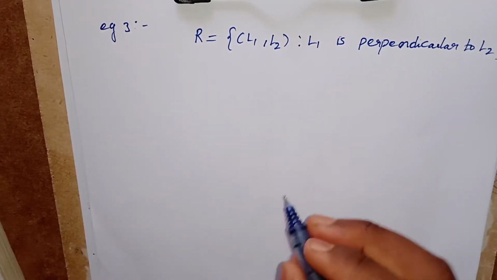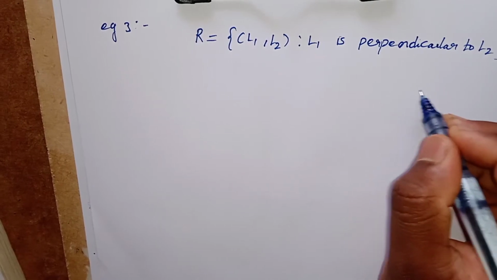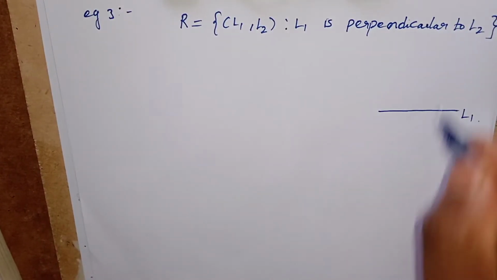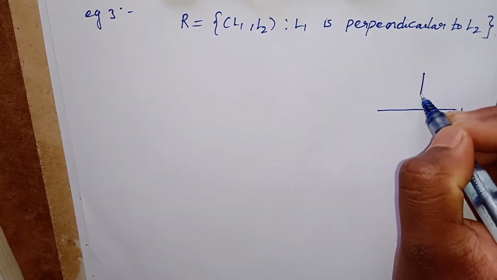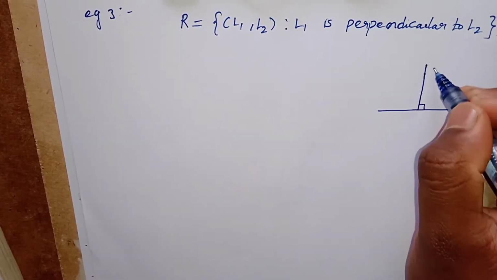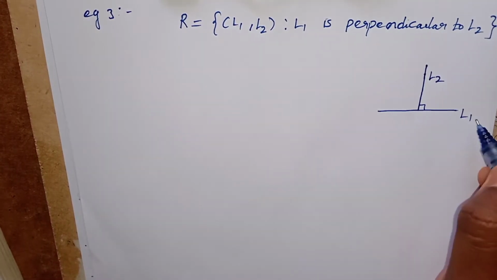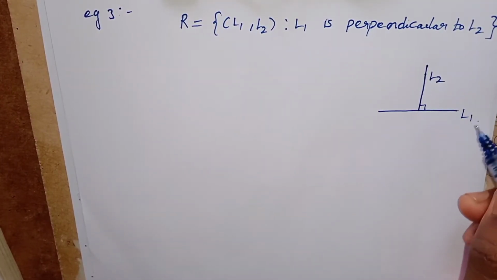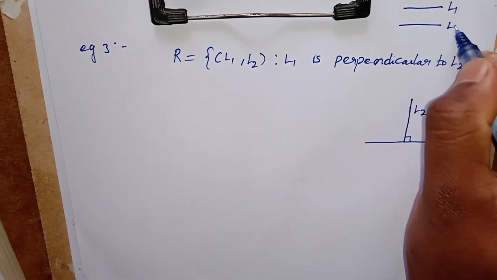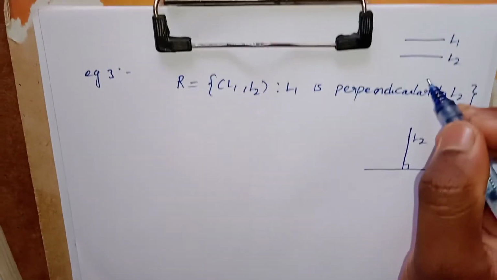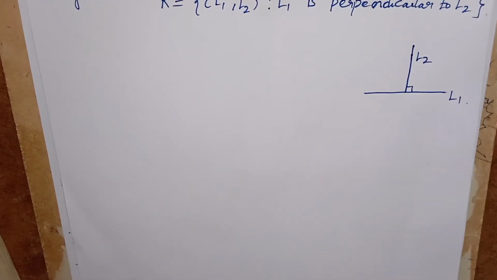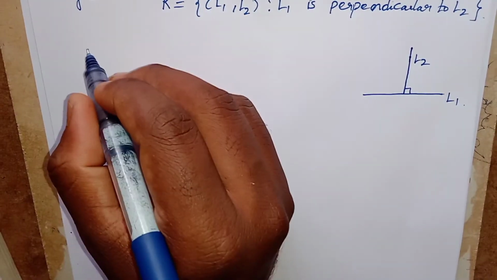Perpendicular means, here this is my line L1, and perpendicular means 90 degrees. Therefore here this is L2, so L1 is perpendicular to L2. Suppose L1 and L2 are parallel, then it is parallel. Here it is perpendicular, therefore 90 degrees.